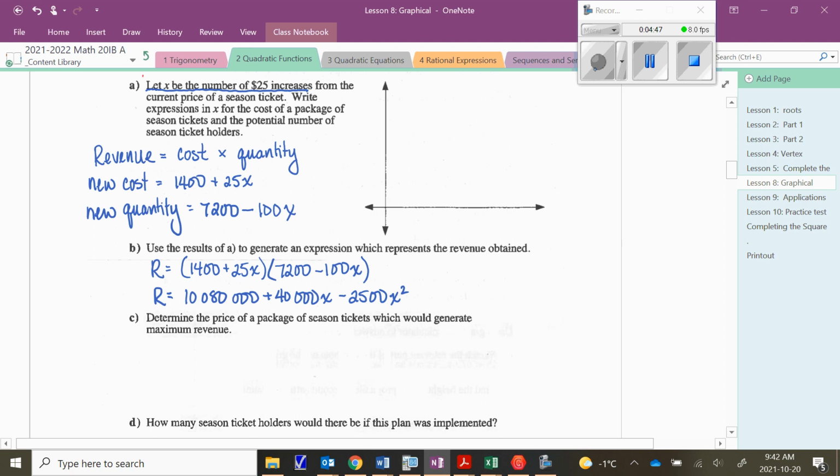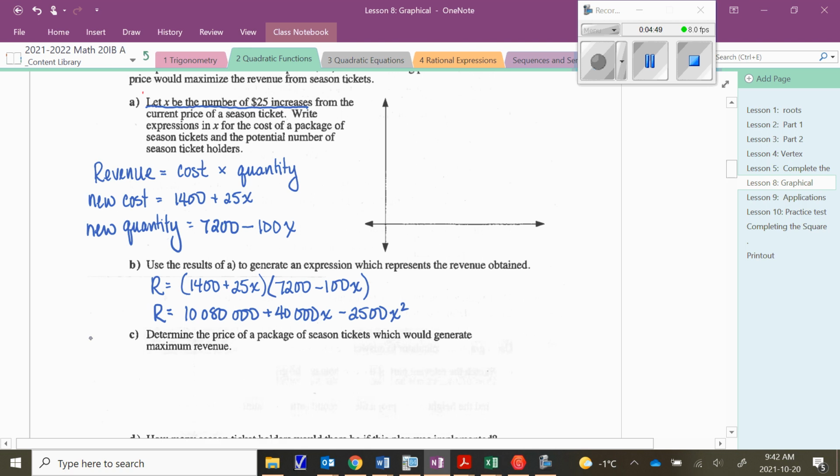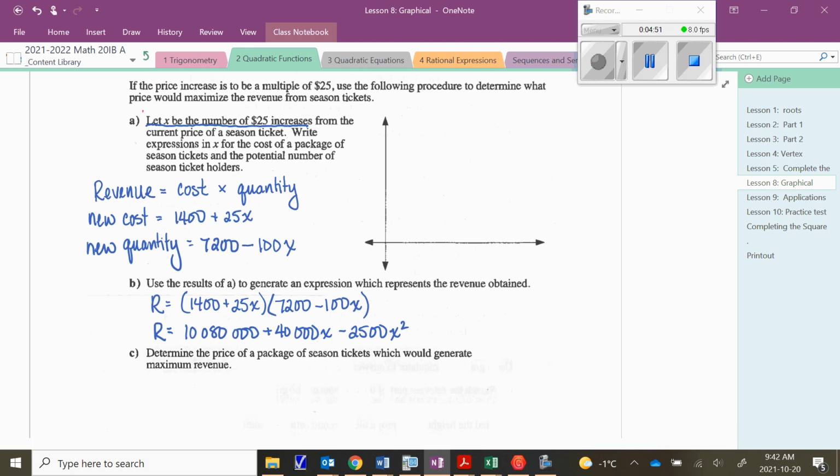So take a moment then and understand what that's going to look like once we graph it in our calculators. Instead of our y-axis, we have an r-axis representing revenue. Our x-axis is representing the number of $25 increases, or increments.